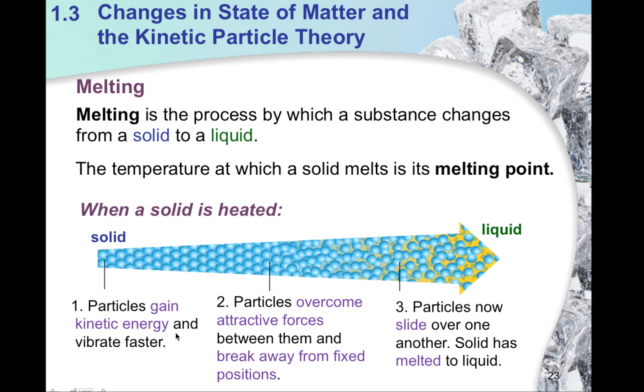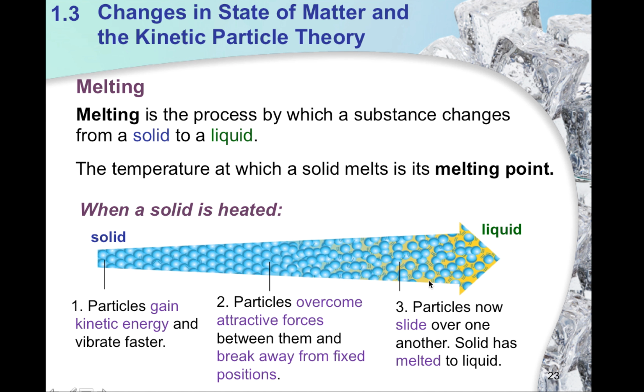The particles having higher kinetic energy and vibrating faster will then be able to overcome the strong forces of attraction holding the particles together, and this results in them being able to break away from their fixed positions. Do take note that this point is actually explaining the arrangement of the solid particles, and later on the particles will then be able to slide over one another, and the solid has melted to a liquid.